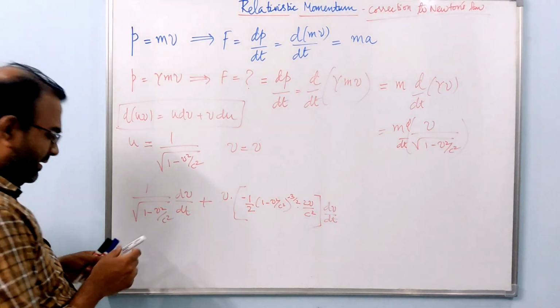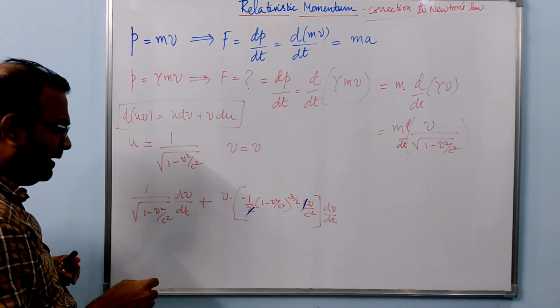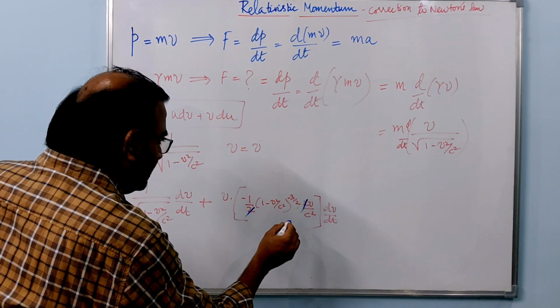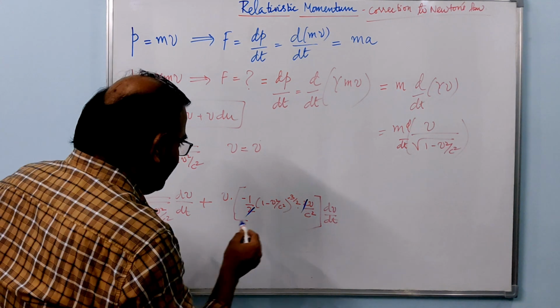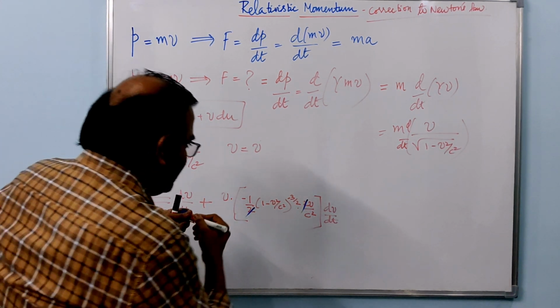Now the 2 and that 2 can cancel each other, and there is a minus sign that we missed here, so that minus sign would also be present here.